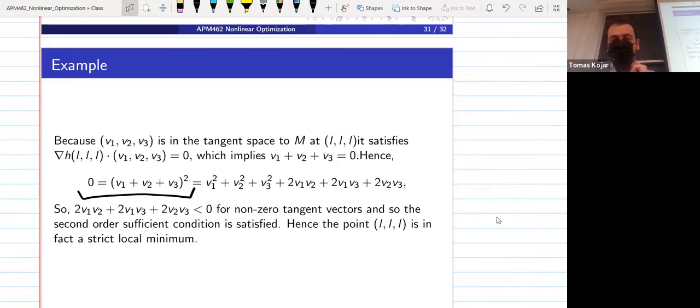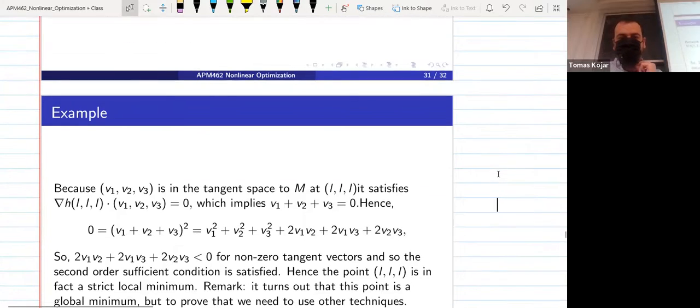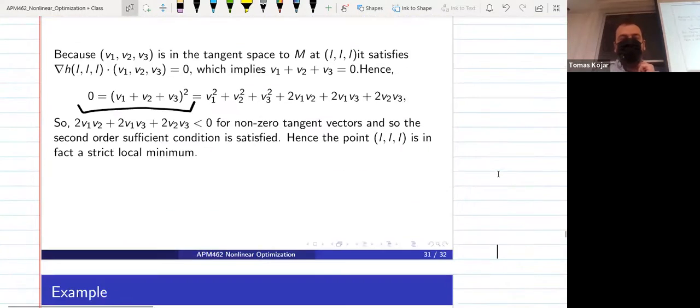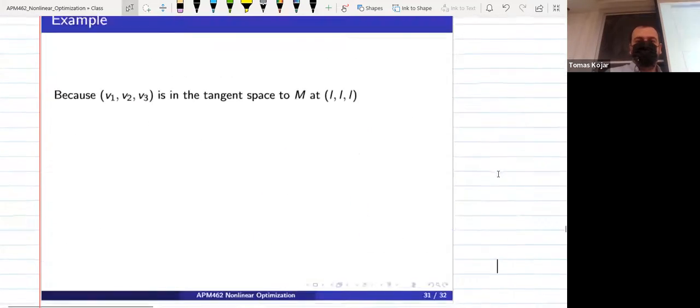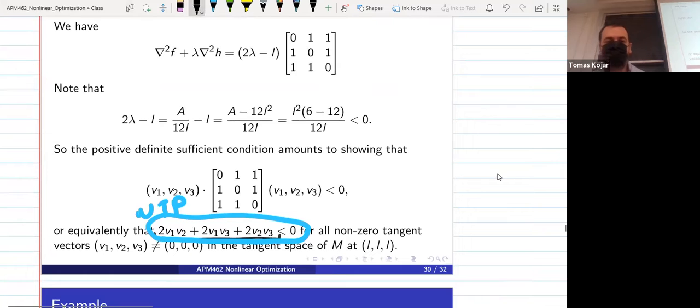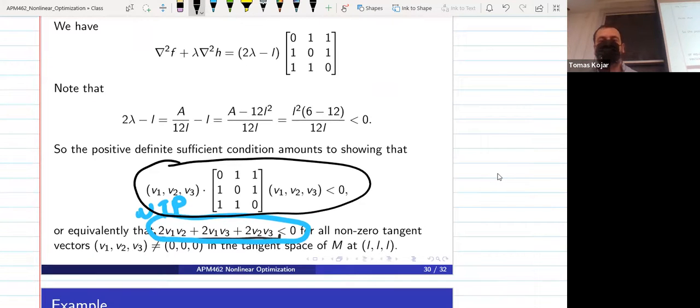All right, so that showed that your guy is positive definite. So again, let me remind you, we wanted to show that this guy is negative definite because we already had negative. So we went and studied the tangent space. The tangent space satisfied V1 plus V2 plus V3 is 0.